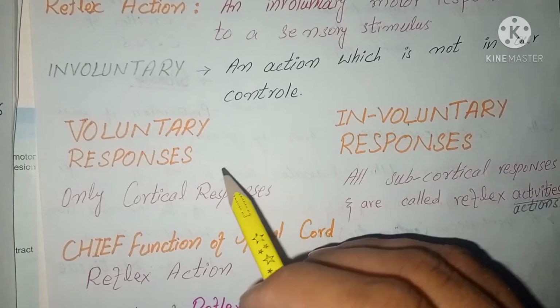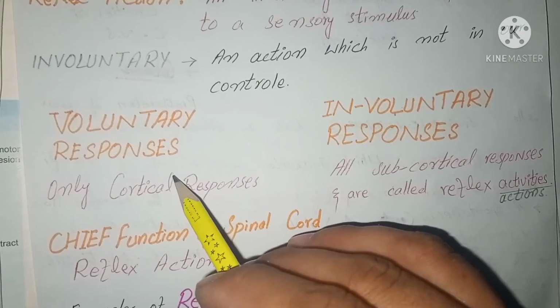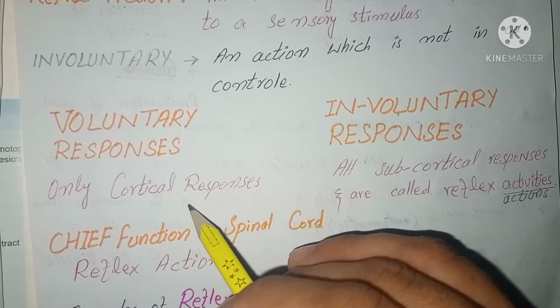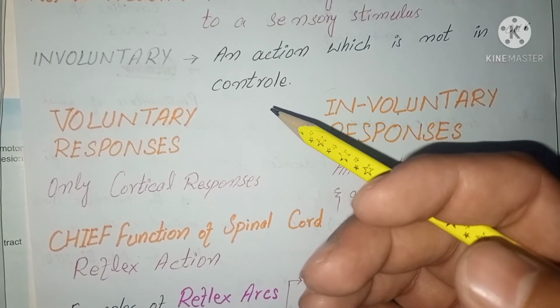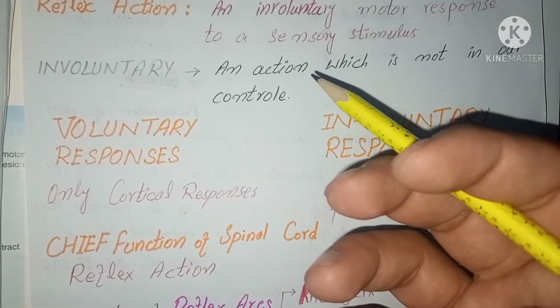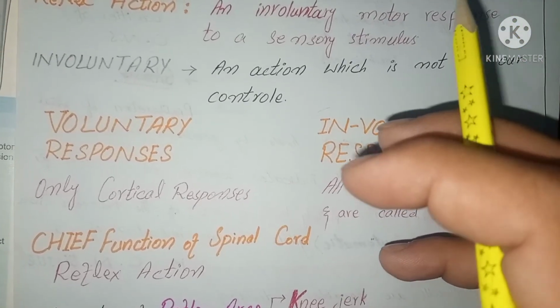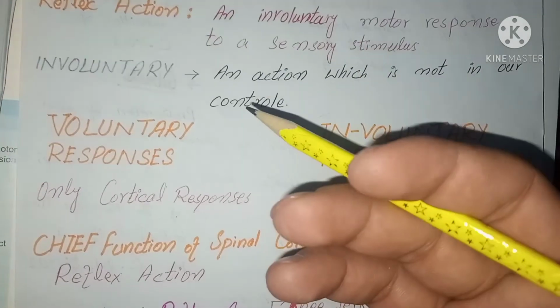Voluntary responses are found only in cortical responses. Cortical responses are mainly voluntary responses which can be controlled. For example, our hand is in our control, so it's our wish to take something with our hand or not. As well, our eyes are in our control if we want to look in any direction.